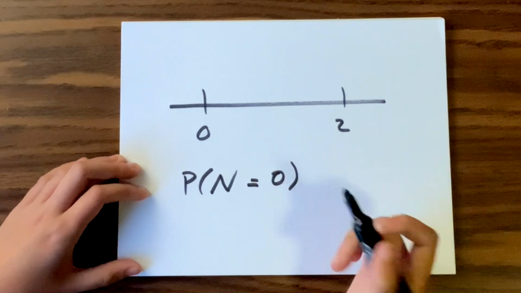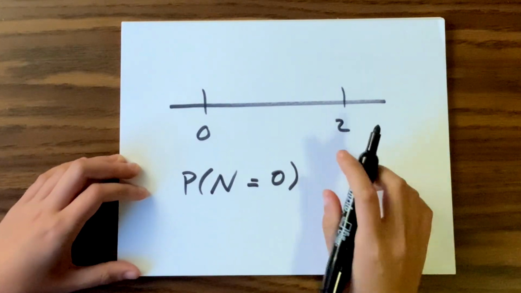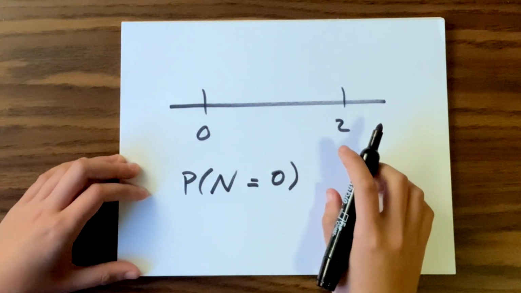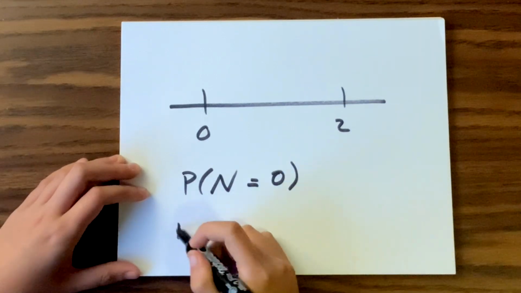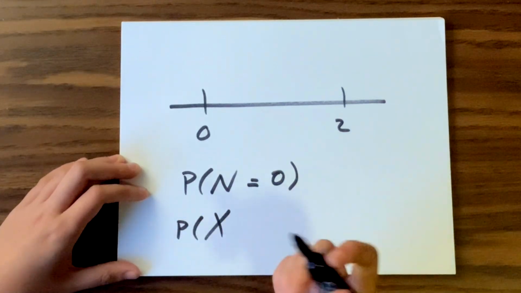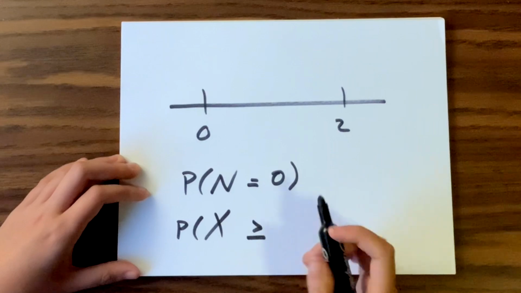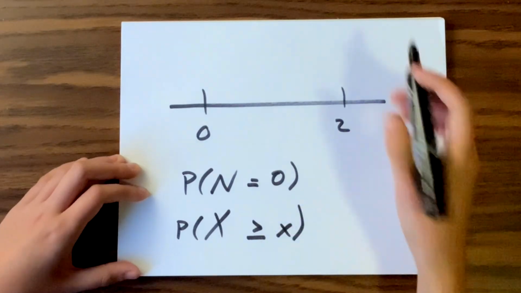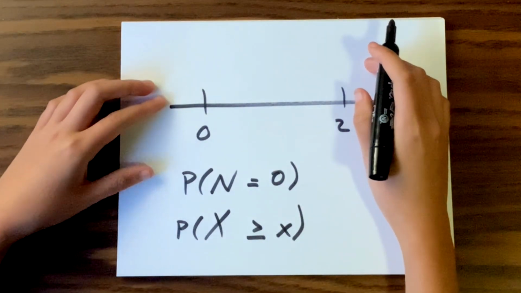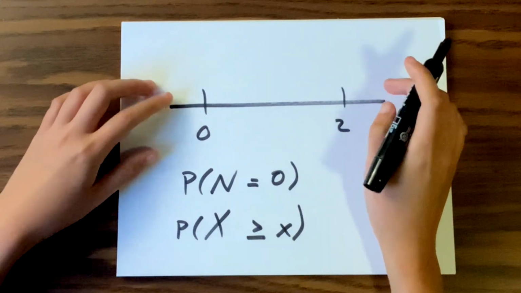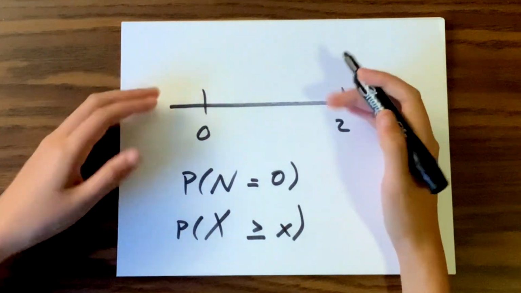In other words, we have no counts within this interval. This can be written as the probability of our random variable X being greater than or equal to a little x. In other words, all of our counts are outside of this interval, and the counts within this interval are just 0.